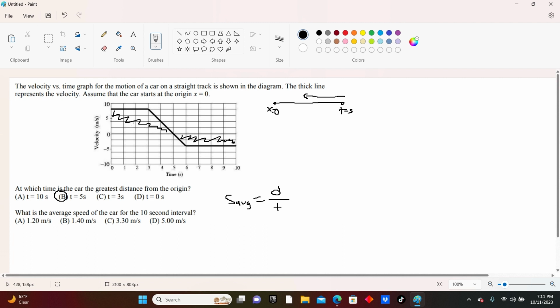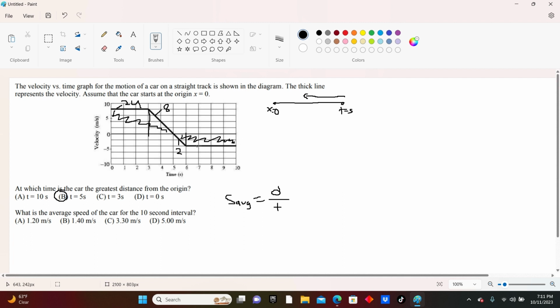We can do this by breaking it into rectangles and triangles. This rectangle is equal to 3 times 8, which is 24. This triangle is equal to 2 times 8 divided by 2, which is 8. This small triangle here is equal to 1 times 4 divided by 2, which is 2.